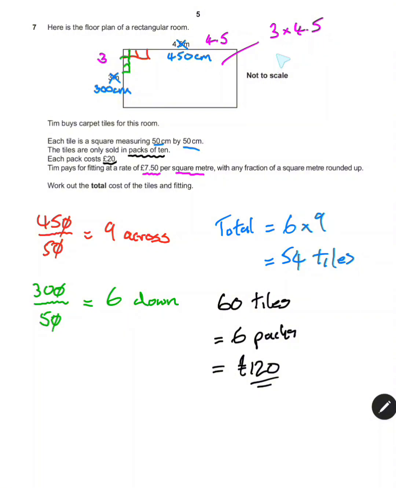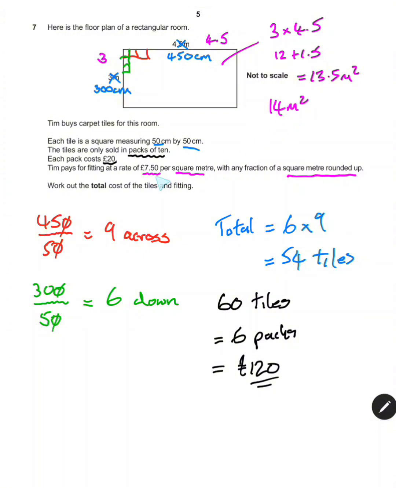So 3 4s are 12, 3 lots of a half is a half of 3, which is 1.5. There are 13.5 square meters of floor. It says with any fraction of a square meter rounded up. So we're going to pay for 14 square meters. We need now to figure out what that's going to cost us.